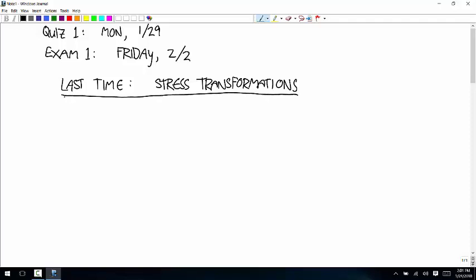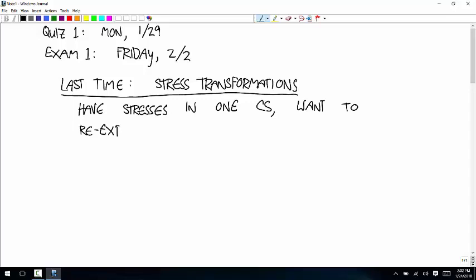What stress transformations are about is you have the stresses in one coordinate system, and you want to re-express that state of stress in another coordinate system.